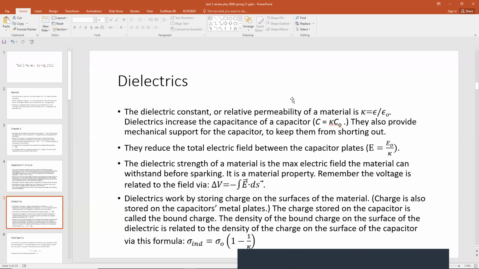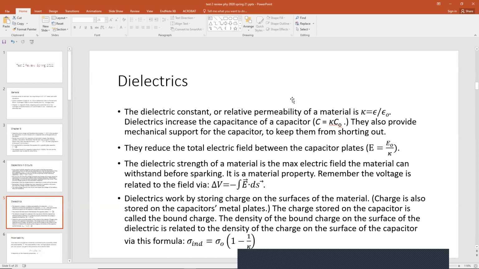Now remember that if you have a parallel plate capacitor, for example, with nothing in between it, your equation for the capacitance is epsilon naught A over d. But if you stick something in between the plates of the capacitor, like an insulator, then that's called a dielectric. Dielectrics will increase the capacitance of the capacitor by an amount known as the dielectric constant kappa.